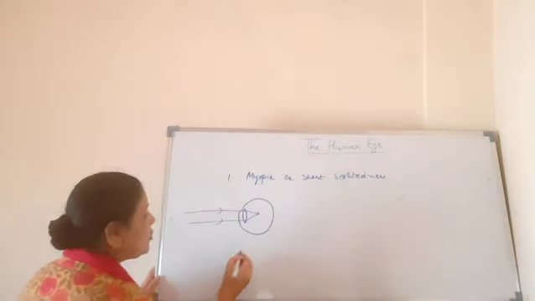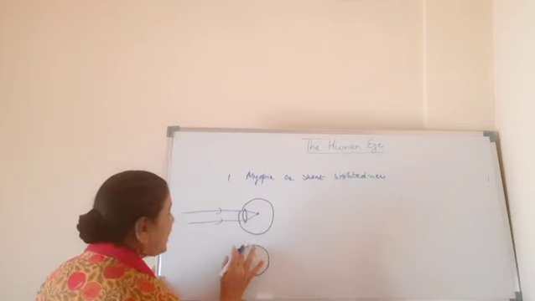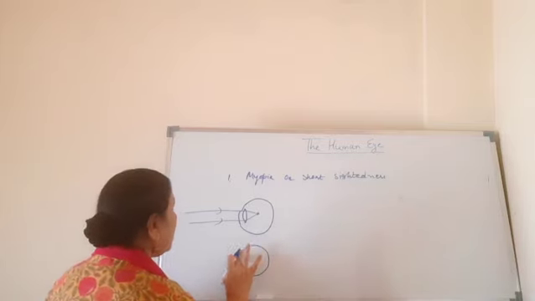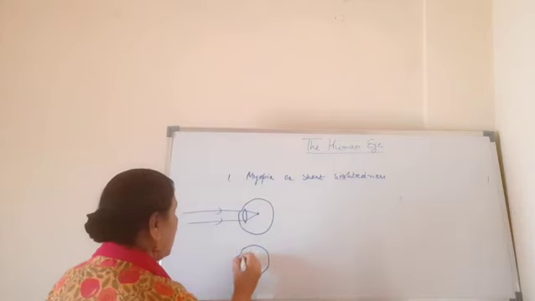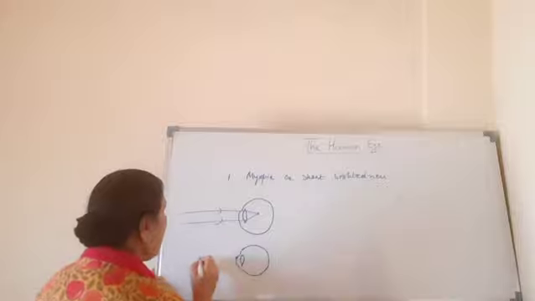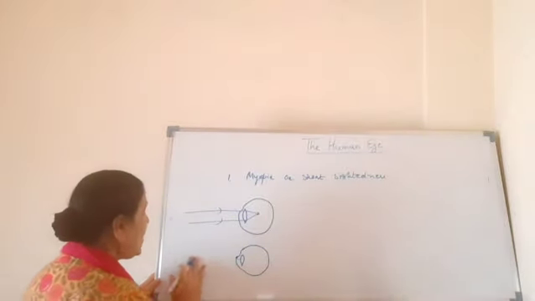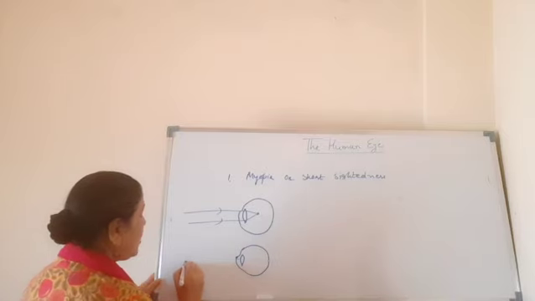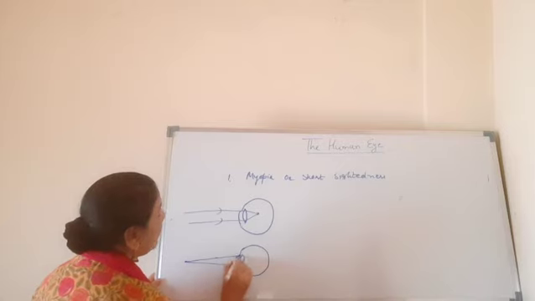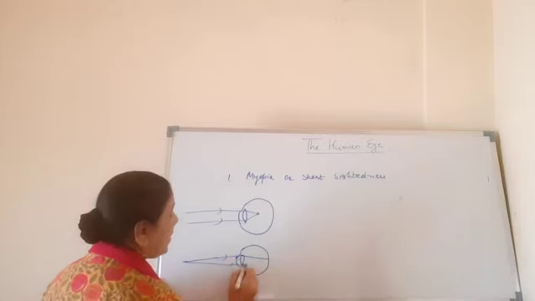For persons who are suffering from this defect, the far point is before infinity, and then the image is formed.